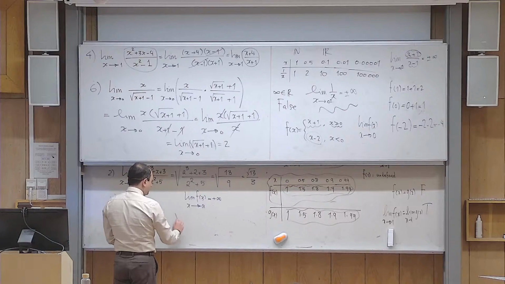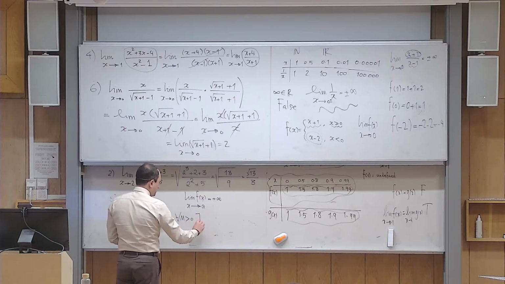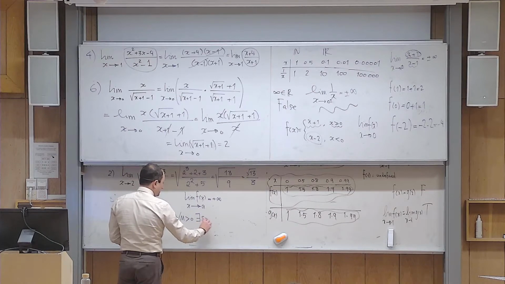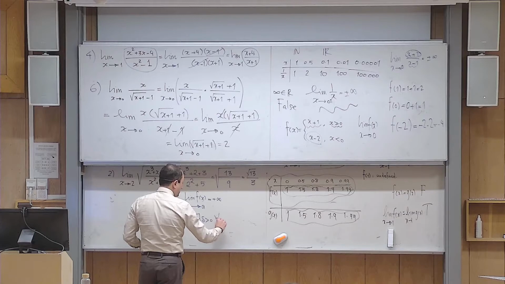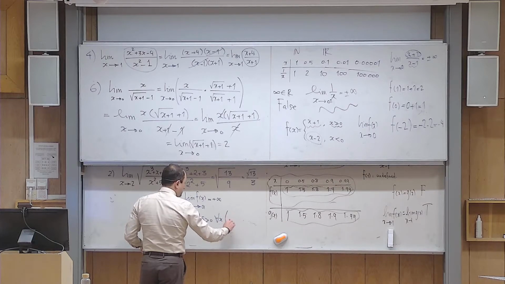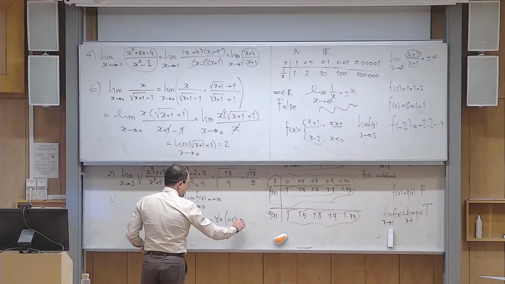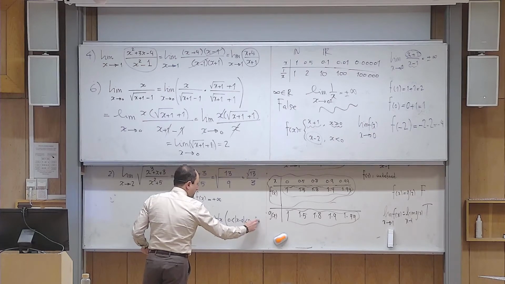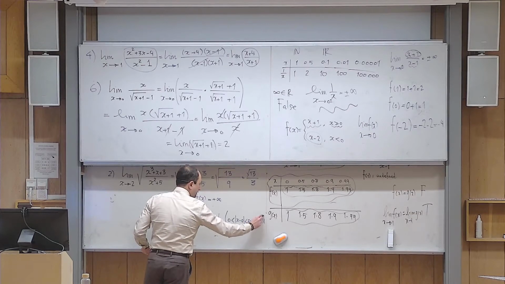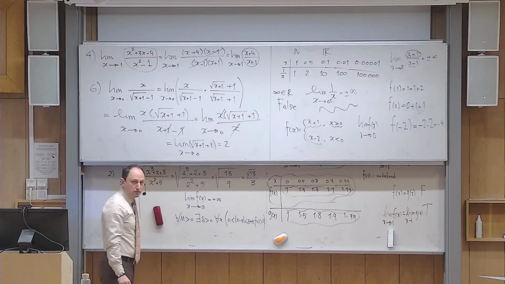Mathematically, it means that for all m which is positive, there exists a delta which is positive, so that for all x, if the distance between x and a is less than that delta, then the value of the function becomes larger than the m that you have already decided about.